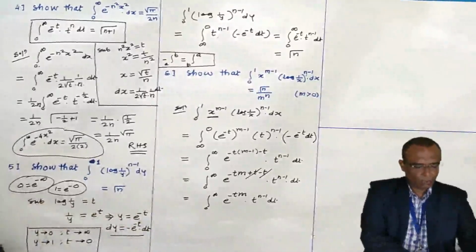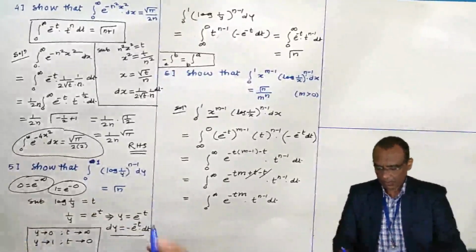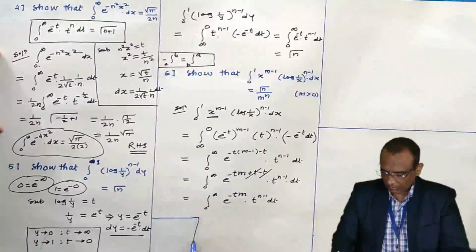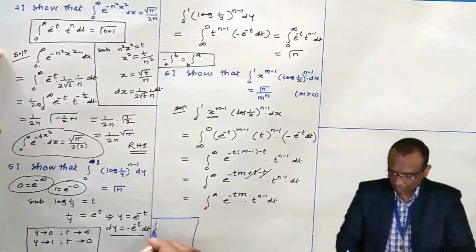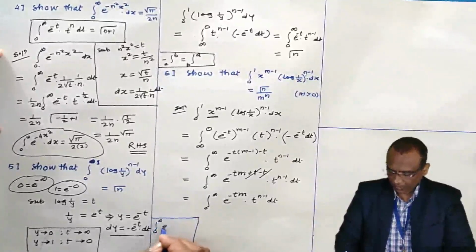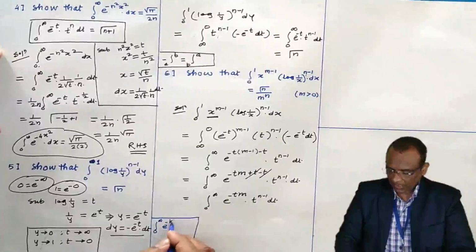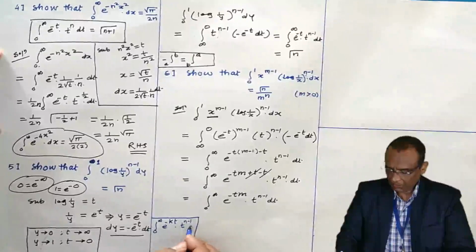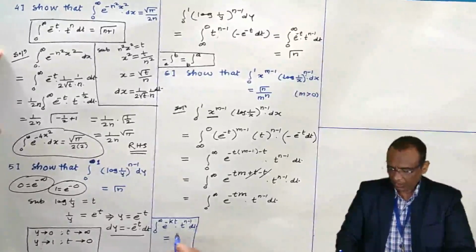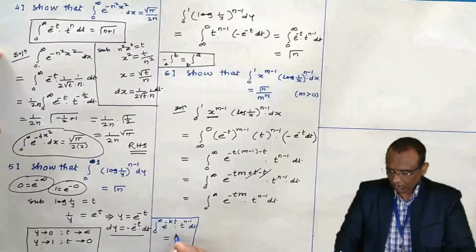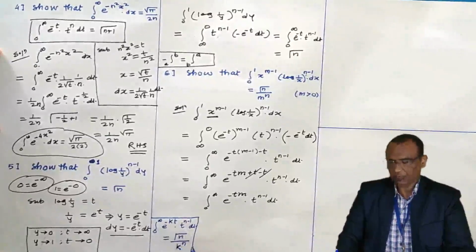Now we have the formula. We have the formula 0 to infinity e power minus k t into t raised to power n minus 1 dt is, this formula we have proved, gamma n divided by k to the power n.